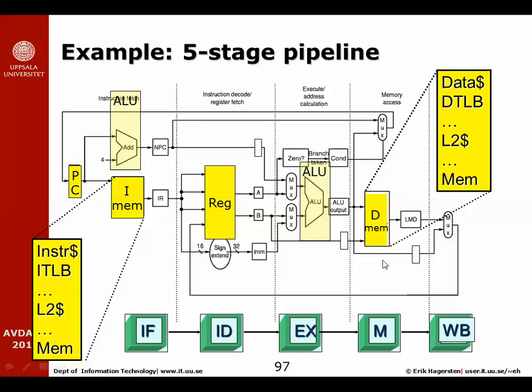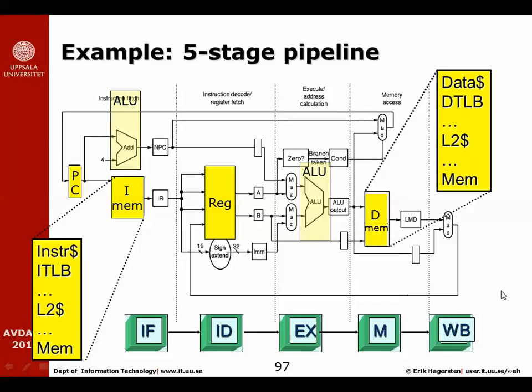The next cycle, we will access the first level cache. It says DMEM here, but it's really the first level cache. Only in the case of cache misses do we need to go out to the memory itself. And in the last pipeline stage, we write results back to the register file. These were the pipeline stages symbolized at the bottom here: instruction fetch, instruction decode, execute and address calculation, memory access, and write back.